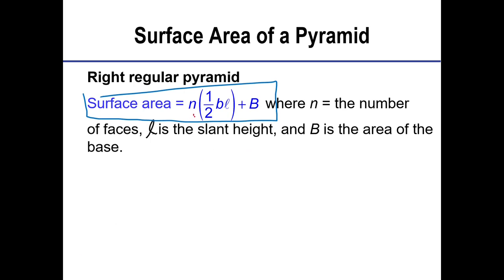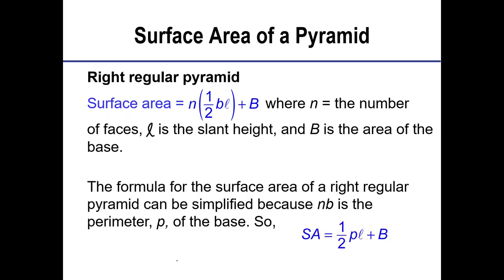This is a more general formula because n is the number of faces, and B is the area of the base, and the base does not necessarily have to be a rectangle or a square. It could be a different polygon.